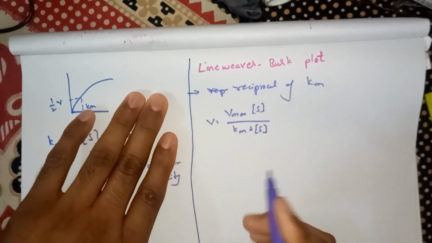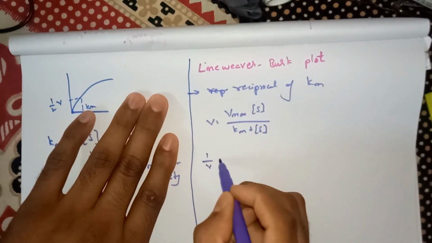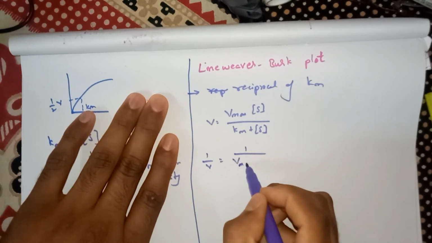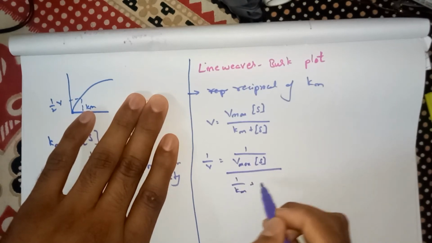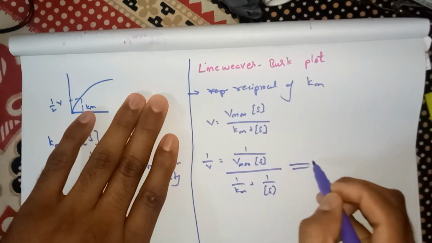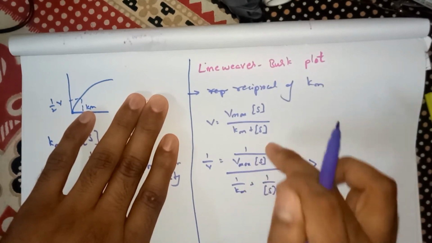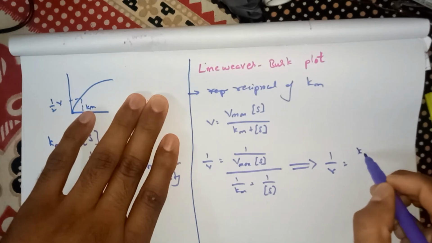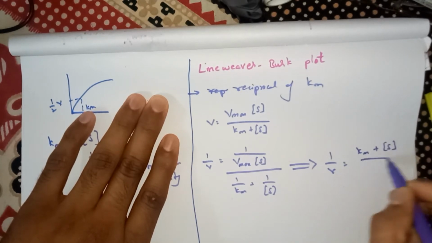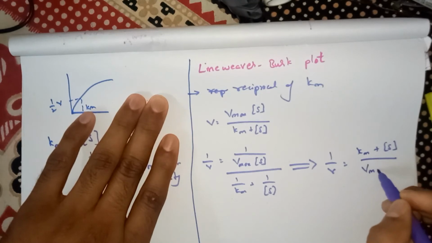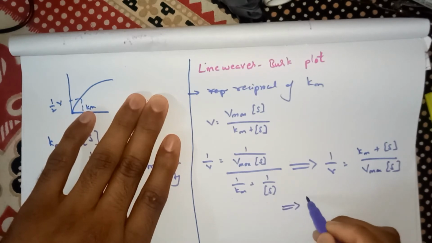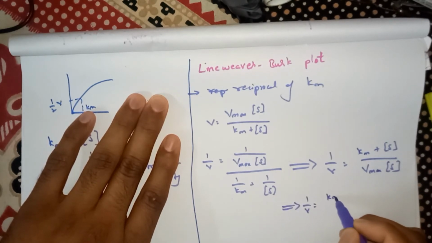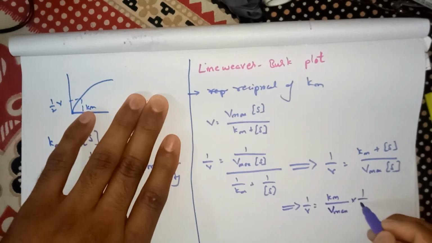If we apply the reciprocal form to it, what will happen? 1 by V is equal to, this comes up and this comes down, Km plus S by Vmax into S.